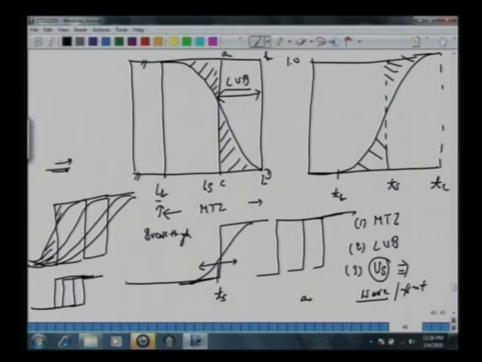This is also in meters per second, but this US is not equal to the fluid velocity, mind you. Ideally, the wave would have been like this, but because of the dispersion effect, a certain region in the bed gets active earlier, and a certain region gets active later than this TS.